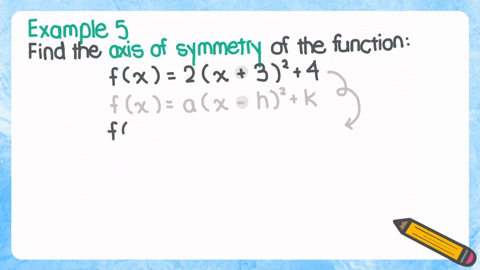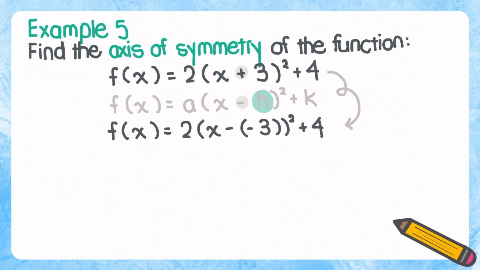Rewriting it, we get f of x equals 2 times x minus negative 3 quantity squared plus 4. We have an exact match, and h is replaced by negative 3.